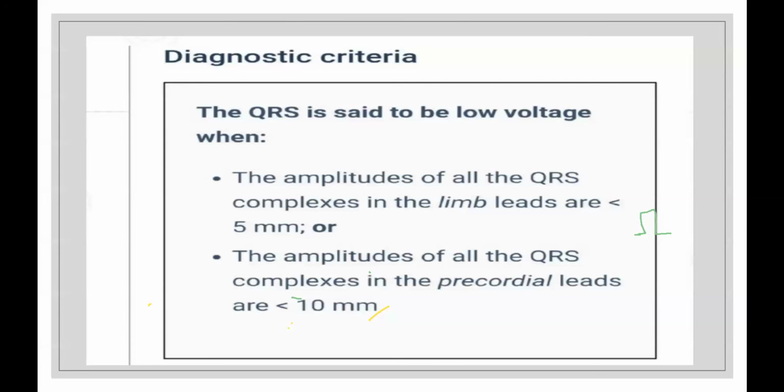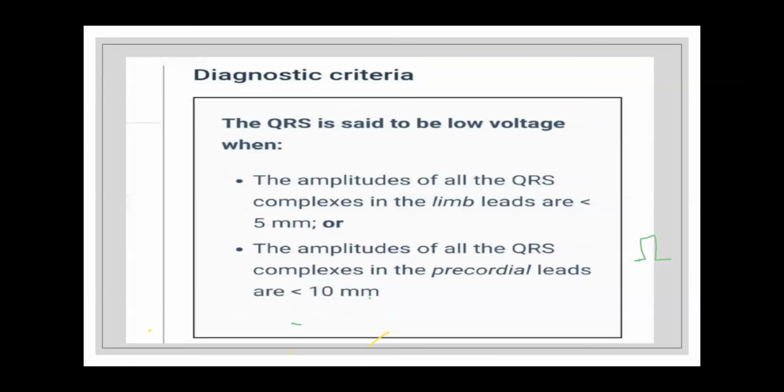Okay, so for example, your standardization setting is okay, and still you have a very low voltage QRS. Then how are you going to label it? Pericarditis, yes, very good. In pericarditis there will be low voltage QRS complexes.